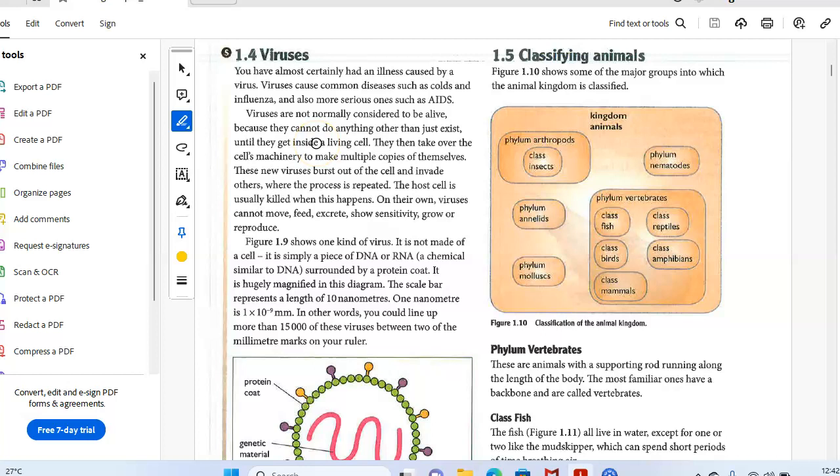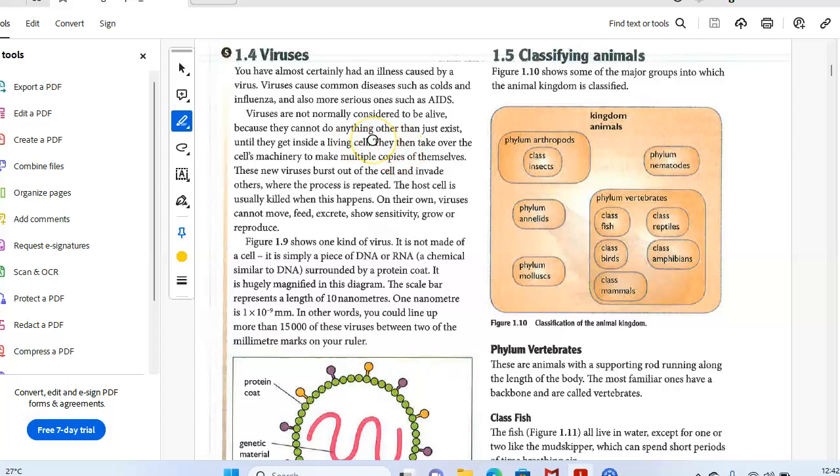Whenever a virus is present in a living body, the virus will reproduce, divide, multiply, and grow. But if the virus is outside the living body, then this virus is in the form of crystals.